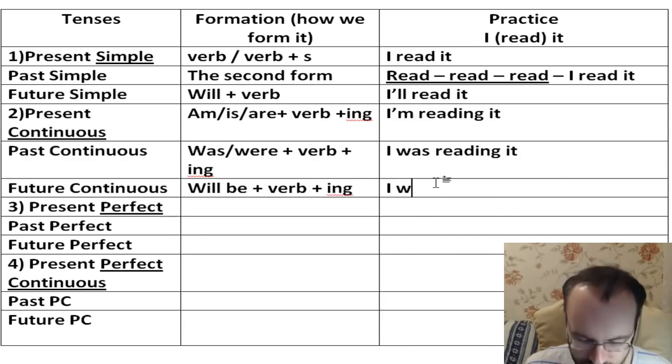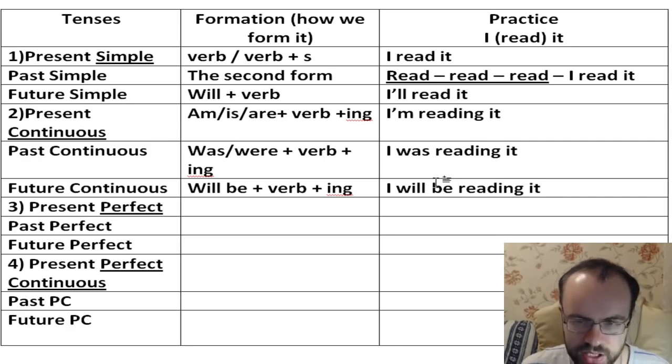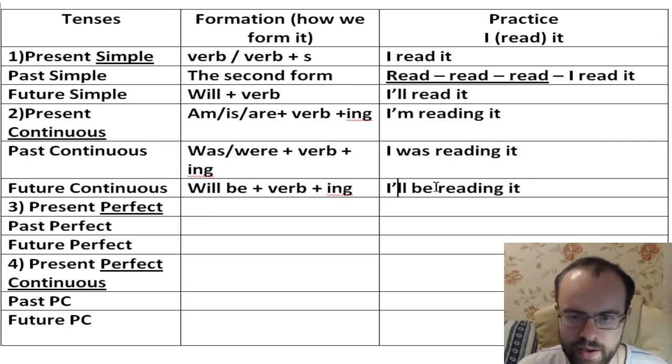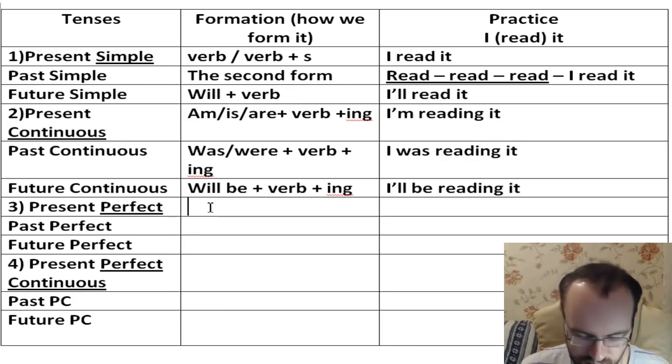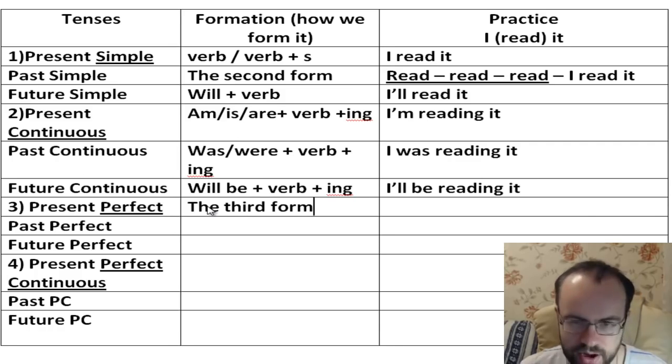You can say I will be reading it, it's a long action, or we mostly use short forms, so you'll have I'll be reading it. Present perfect. You need to remember that if you're talking about perfect tenses, use the third form. The third form, you need to know regular and irregular verbs to form it.